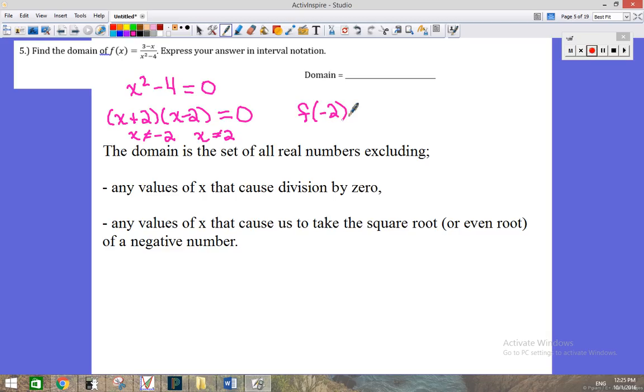function at negative 2, you're okay in the numerator. 3 minus a negative 2, that's a number, that's the number 5. But in the denominator, when I square negative 2, I'm going to get 4. And 4 minus 4 is 0. And 5 divided by 0 is not a number.